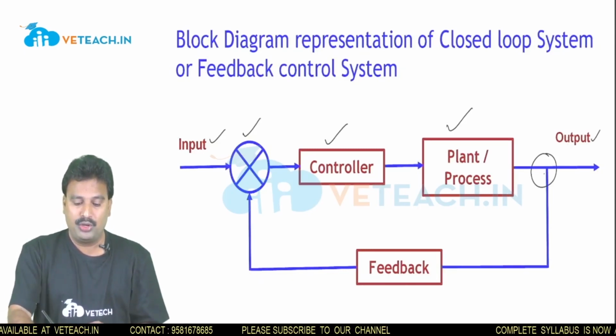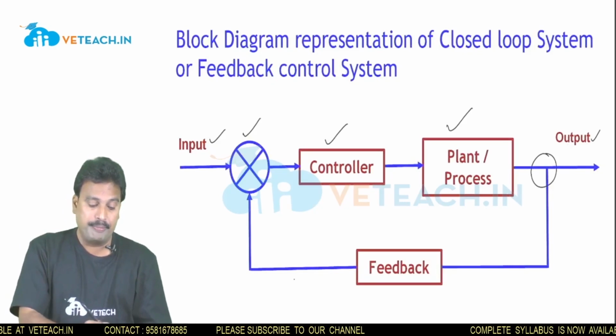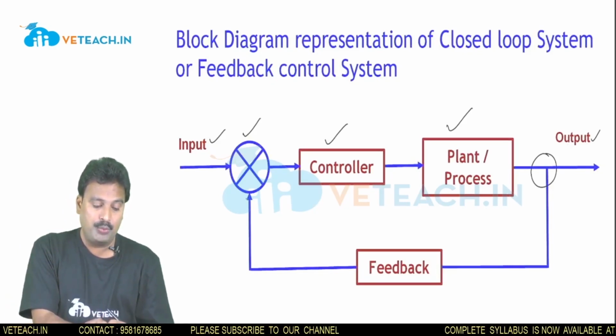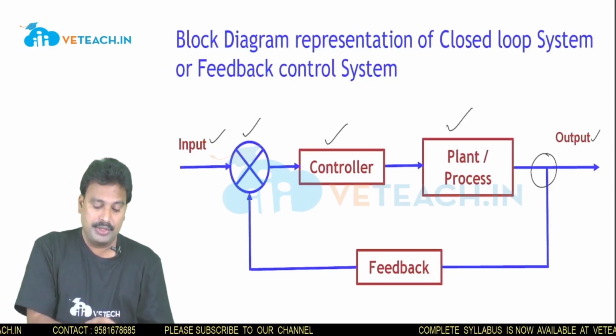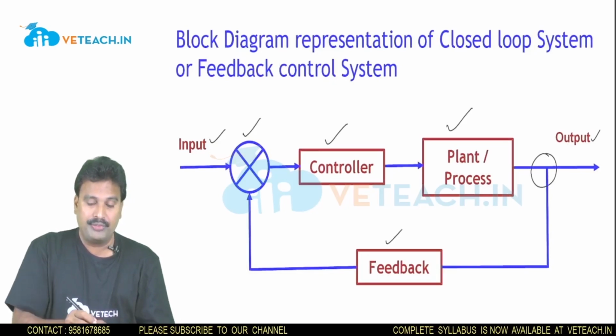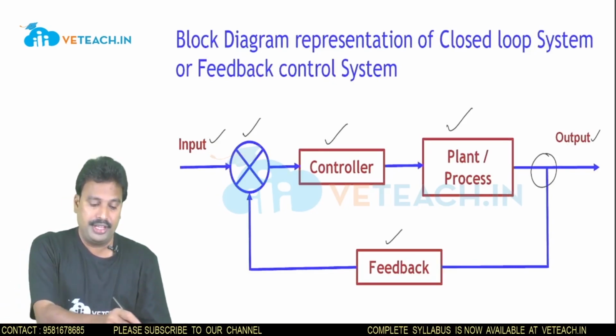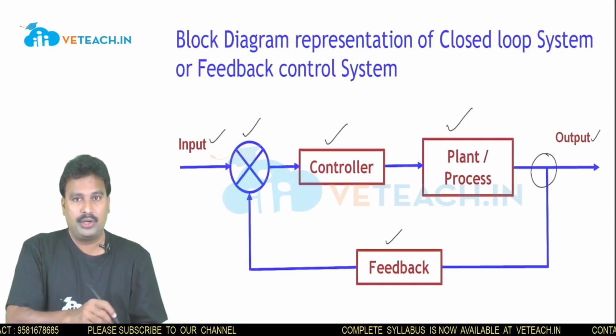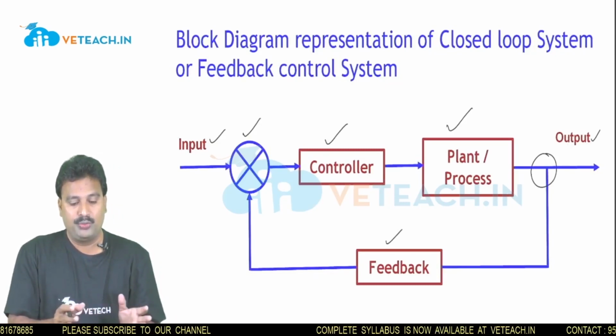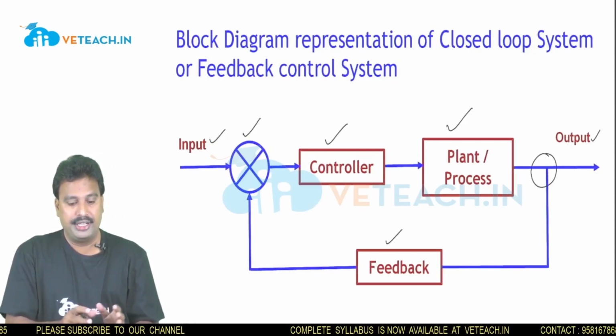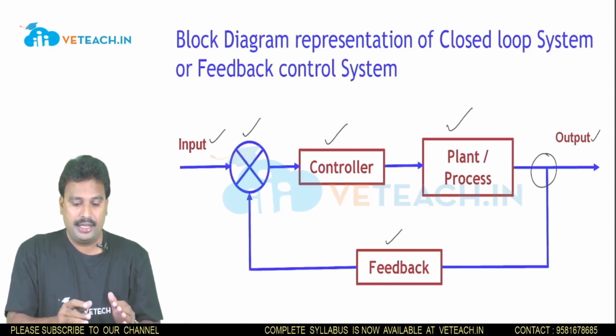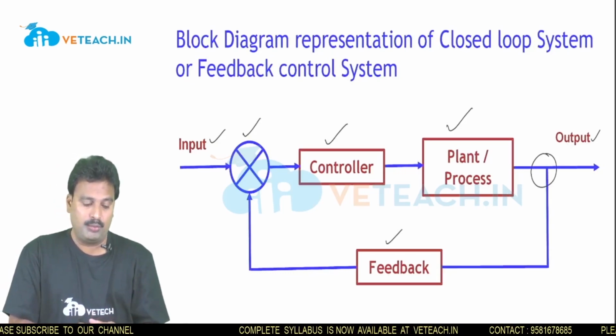This output is fed back as input to the system through some feedback mechanism. This is called a closed loop control system, and it is represented in this manner with the help of a block diagram.